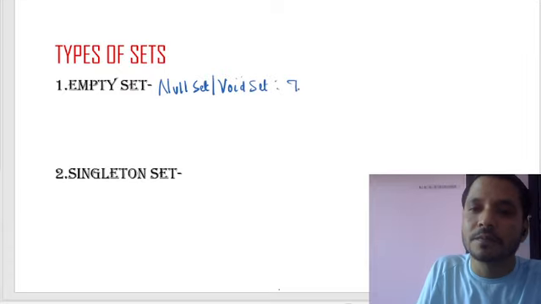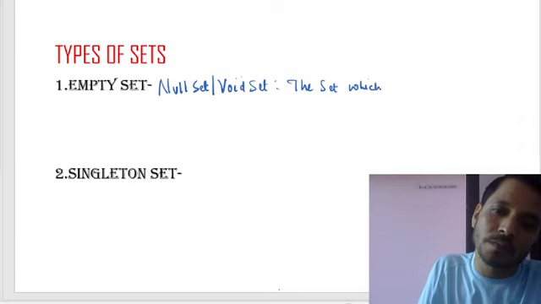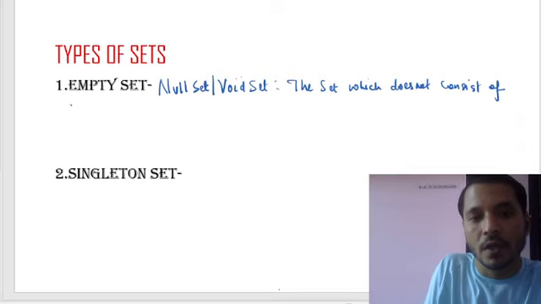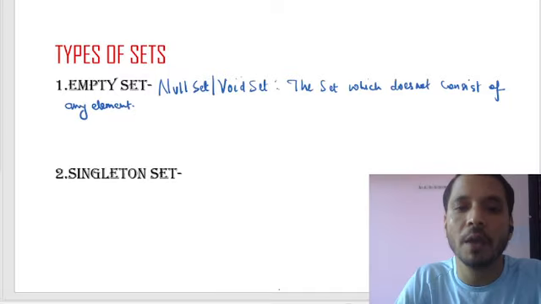The set which does not consist of any element is called the empty set. Now I will take an example so that you will get clarity on that.